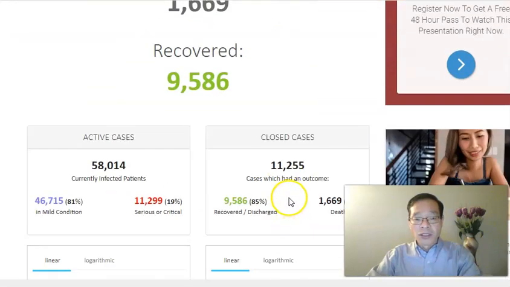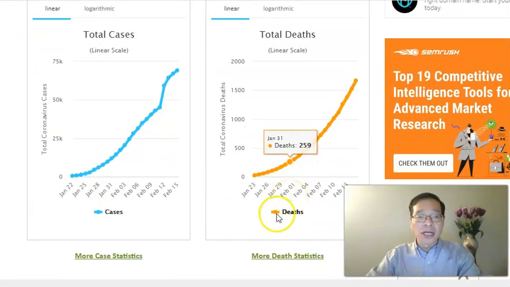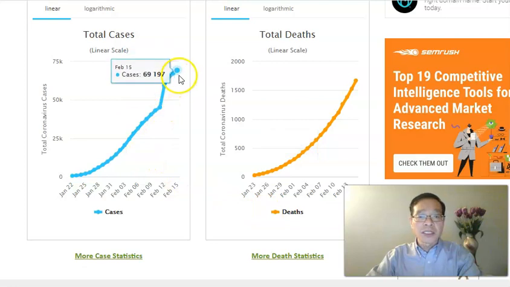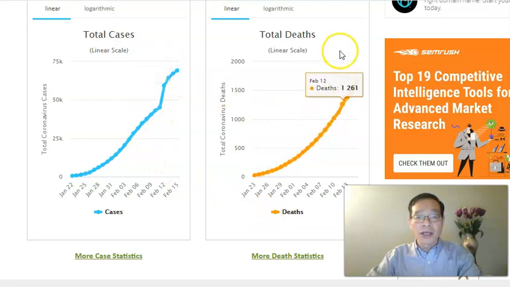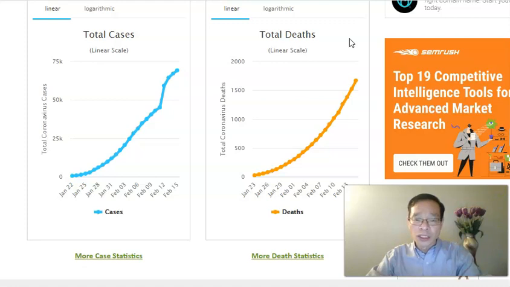And looking at the graph, it's clearer that both the cases and the total deaths continue to increase, and it looks like we may soon see a drop of these two parameters. So we may need to wait 1 or 2 more weeks to see the total cases drop.